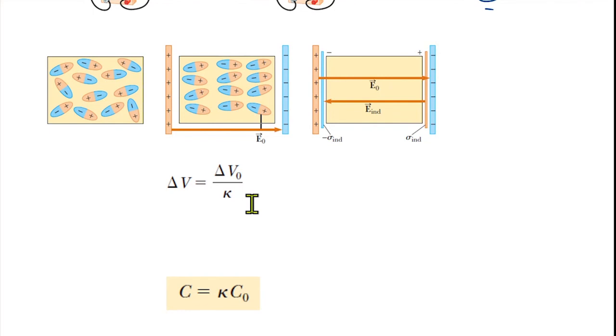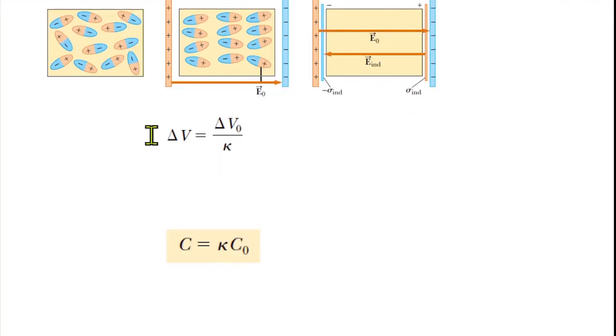Okay, so what you have here is delta V. The relationship is you reduce the potential difference between the two by reducing the gap by that much.